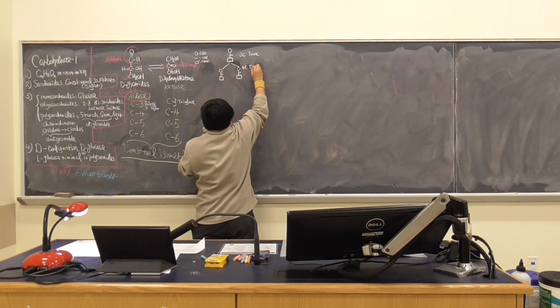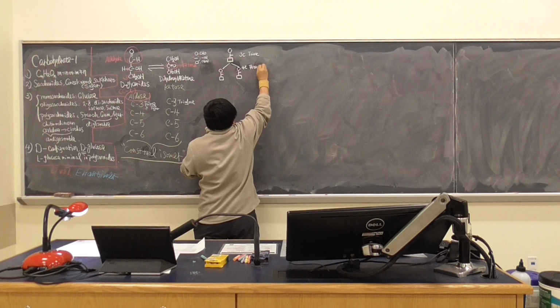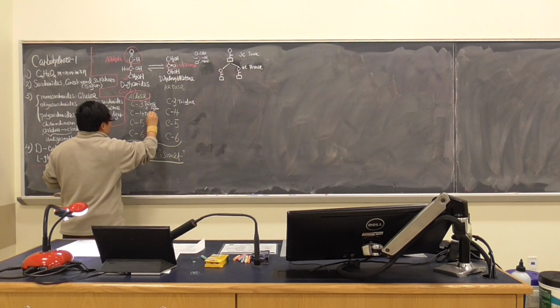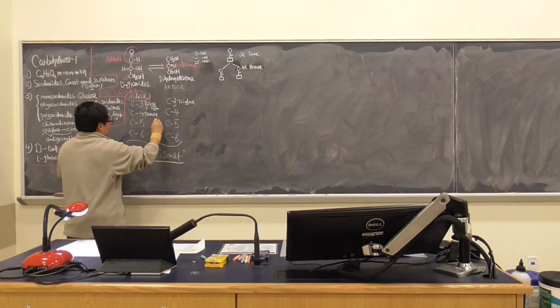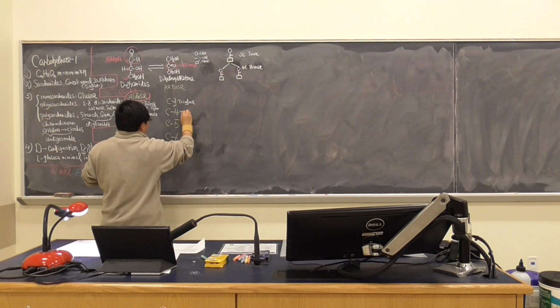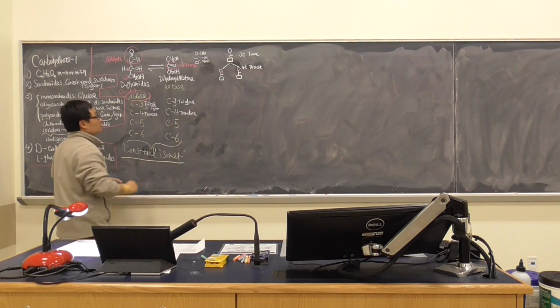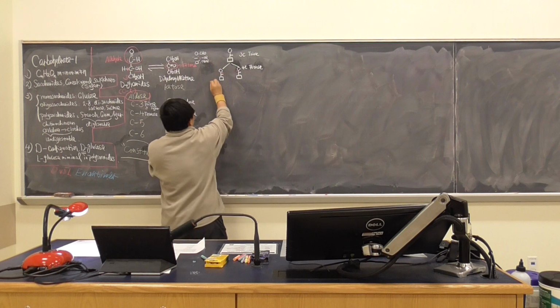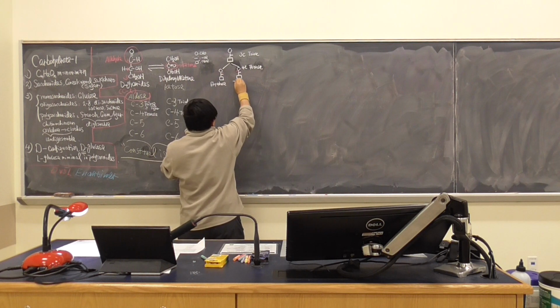We call it a tetrose. Same thing for ketose: tetrulose. Now what are the names of these two? This is called erythrose, and this is called threose.